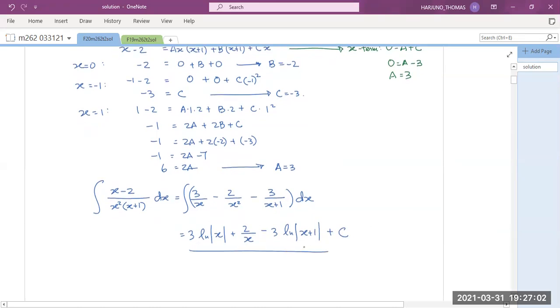That should be okay if you leave it like that. Sometimes you may want to combine the natural logs. So this is 3 natural log of absolute x over x plus 1, plus 2 over x, plus a constant.